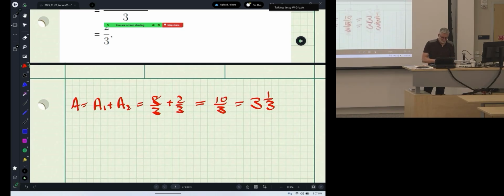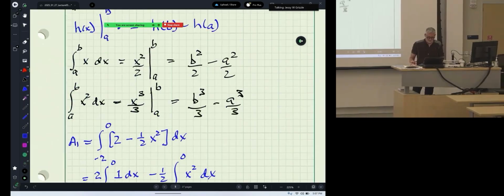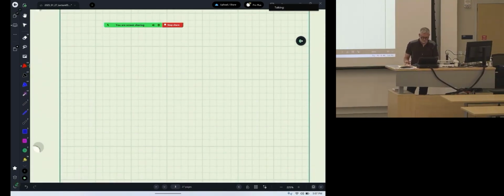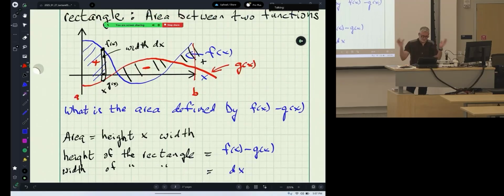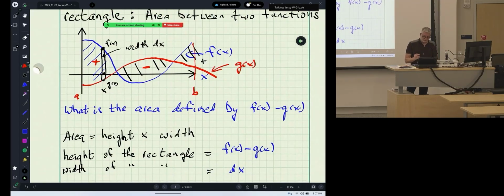Okay, so the power of the rectangle is that you come up with a rather complicated situation, and we're going to do this over and over and over for the rest of the week. Draw in your rectangle with infinitesimal width.